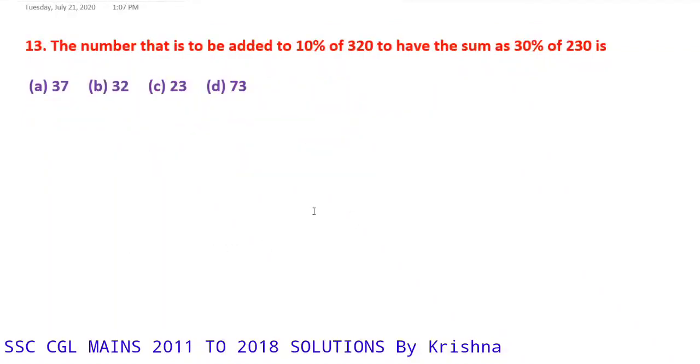The number that is to be added to 10% of 320 to have the sum as 30% of 230 is? So we'll write the question: 10% of 320 plus the number which we have to add, we don't know that number, is the same as 30% of 230.